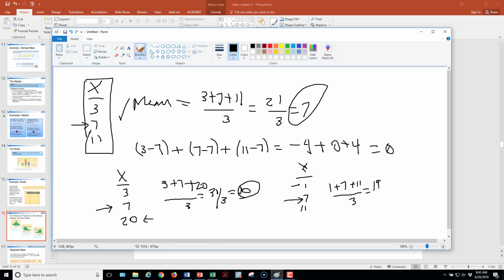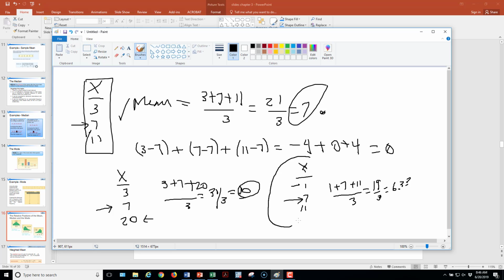This is 19 divided by 3, which is 6 point something, 6.33. So it's going to be less than this 7 that we had before because it's influenced by the 1.